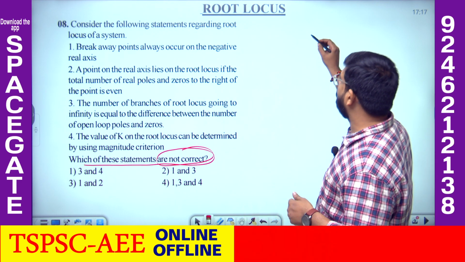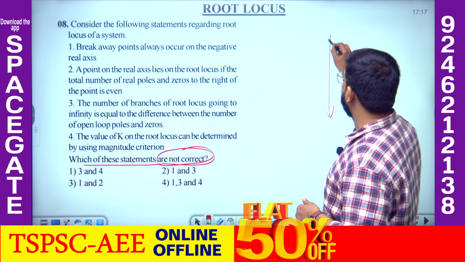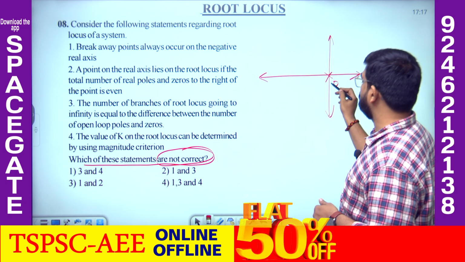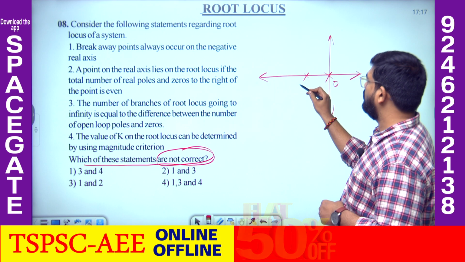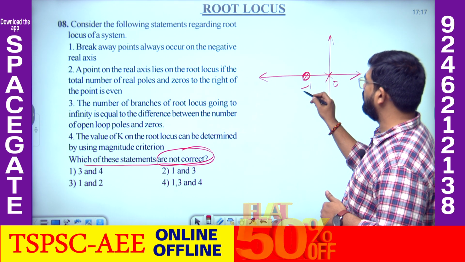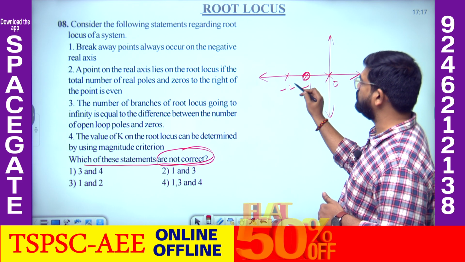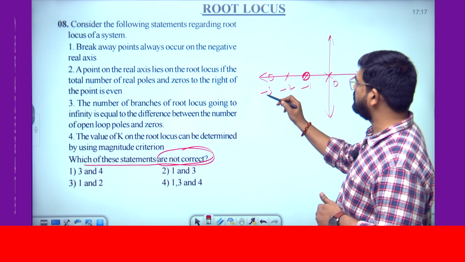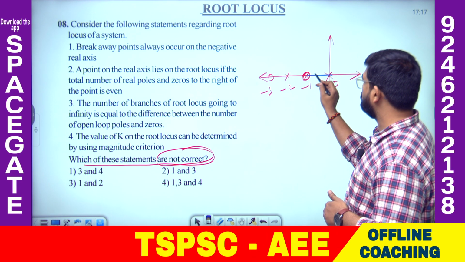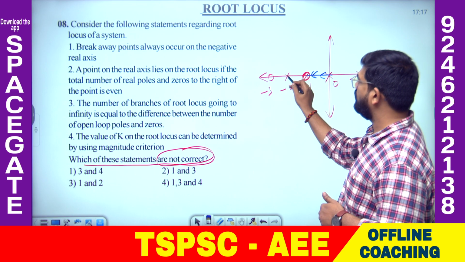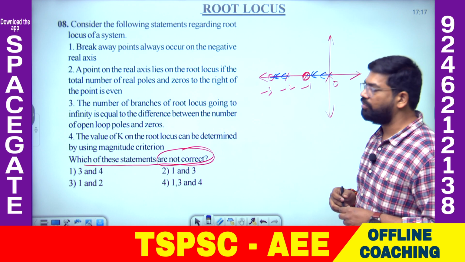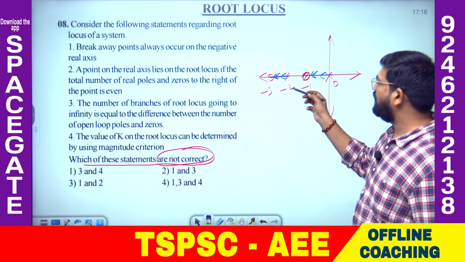But for example, if I consider this root locus, a pole is located at 0, a zero is located at -1, a pole at -2, and a zero at -3. If you draw the root locus branches, the root locus will be like this, and here it will be like this. Now, for a particular point to be part of the root locus on the real axis, select any point.